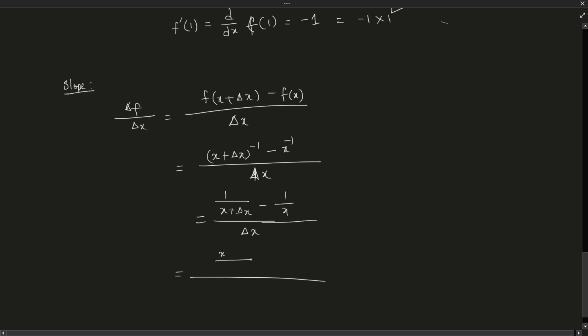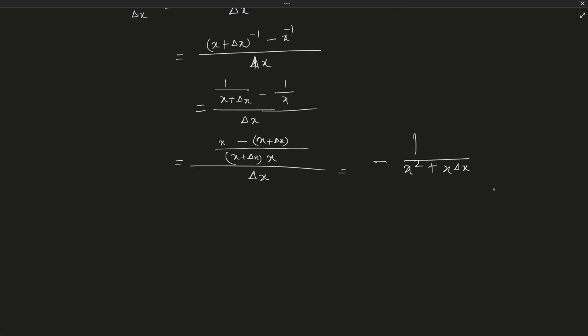So it's x minus (x plus del x) over x times (x plus del x), by del x. If we calculate this, it will come as minus 1 by x square plus x del x. As we had seen before, del x tends to 0, so it will be minus 1 by x square.